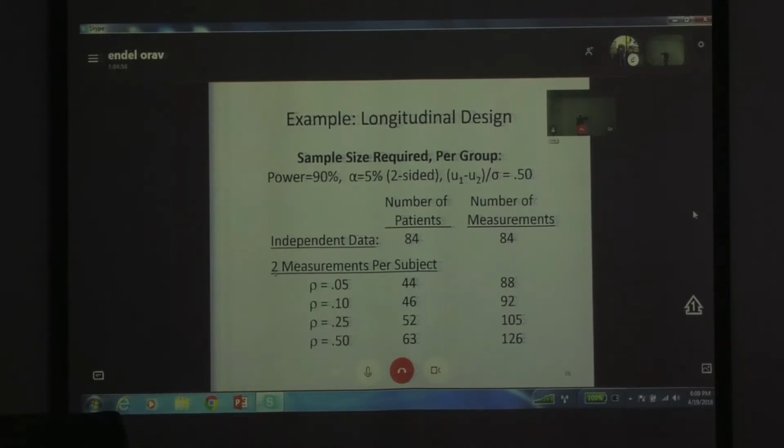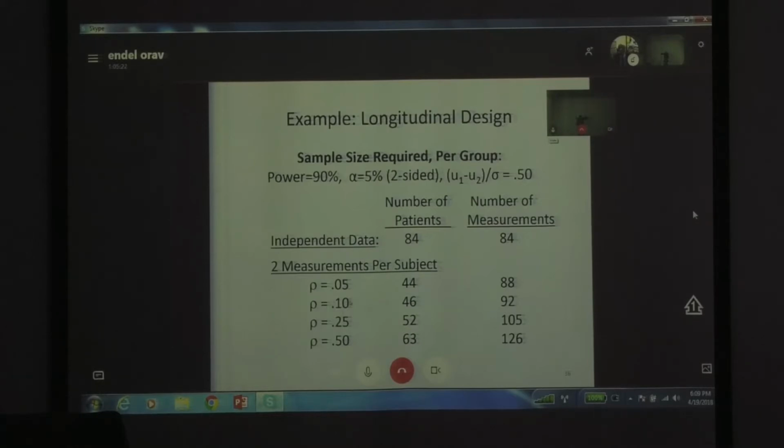But remember, you do have to measure them twice each. And so it's 88 measurements, which is more measurements, but many fewer people. So to get 90% power, each person measured once, 84 people. 44 people, but measured twice each, will get you 90% power.